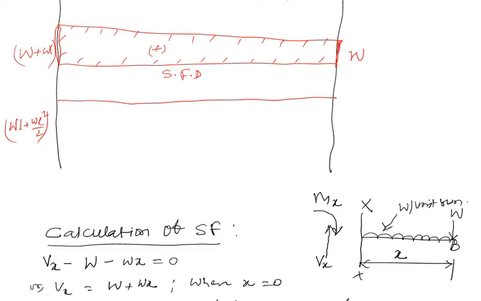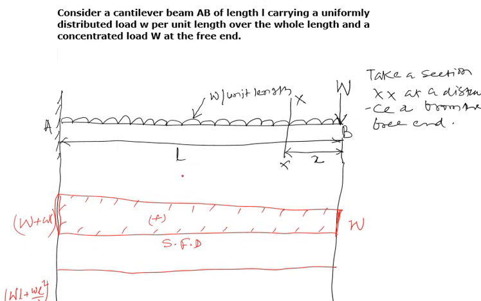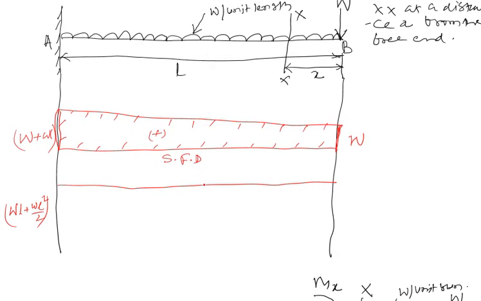So we know that this is a uniformly distributed load and this is a concentrated load. So for the uniformly distributed load, the bending moment varies according to the parabolic law.